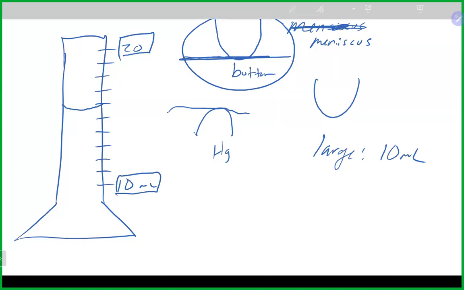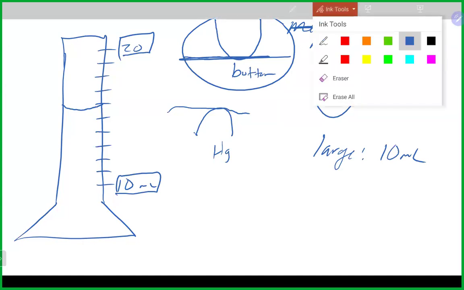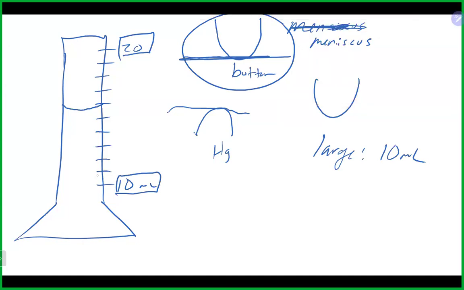Once again, if we count our small markings, making sure that we count correctly starting after that large marking: 1, 2, 3, 4, 5, 6, 7, 8, 9, and 10. Again, stopping at the next large marking.